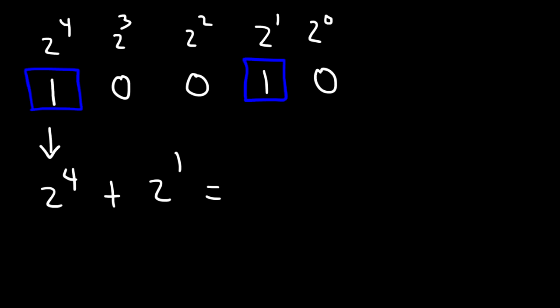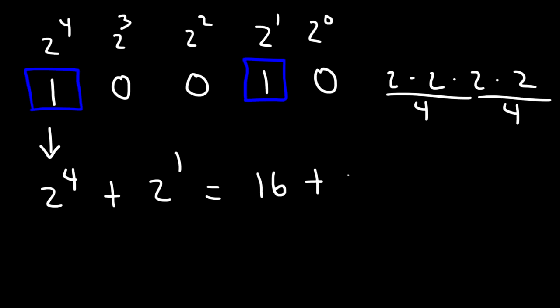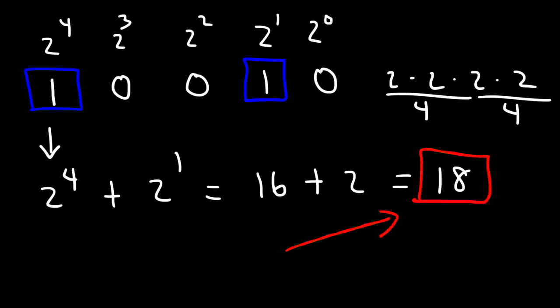So what is 2 to the fourth power? So 2 times 2 times 2 times 2. 2 times 2 is 4, and 4 times 4 is 16. So 2 to the fourth power is 16, plus 2, and so this will give us 18. And so it's not very difficult to convert a binary number into a decimal number. As long as you follow the process, you're going to get this right.